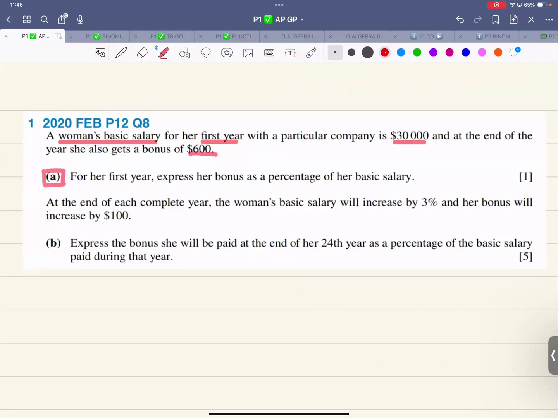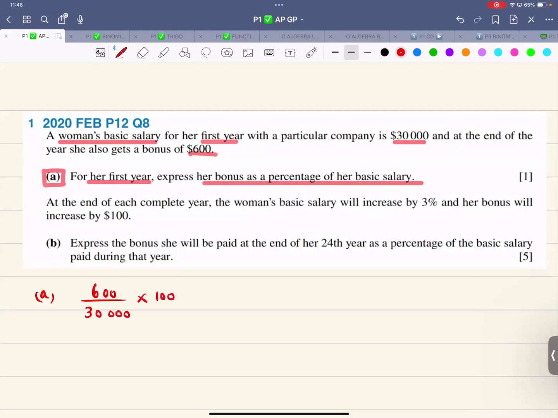Part A, for her first year, express her bonus as a percentage of her basic salary. So part A is 600 divided by 30,000 into 100. Cancel off the zeros, 1, 2, 3, 4, 1, 2, 3, 4. Therefore, we are left with 6/3, which is 2. So 2% is the answer.